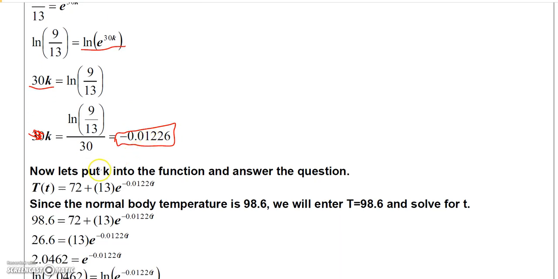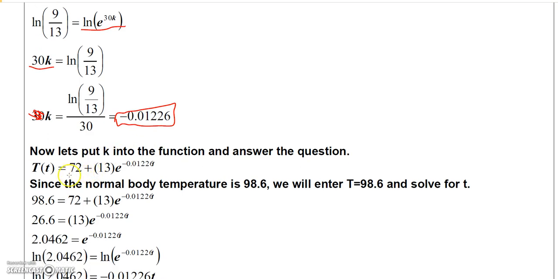Okay, now let's put k back into the function. Remember our function was 72 plus 13 e to the negative kt. Well, now that we know k, we can put k in, and we get 72 plus 13 e to the negative 0.01226 t. Now, the trick here to find the time of death is to remember what is the body temperature normally.